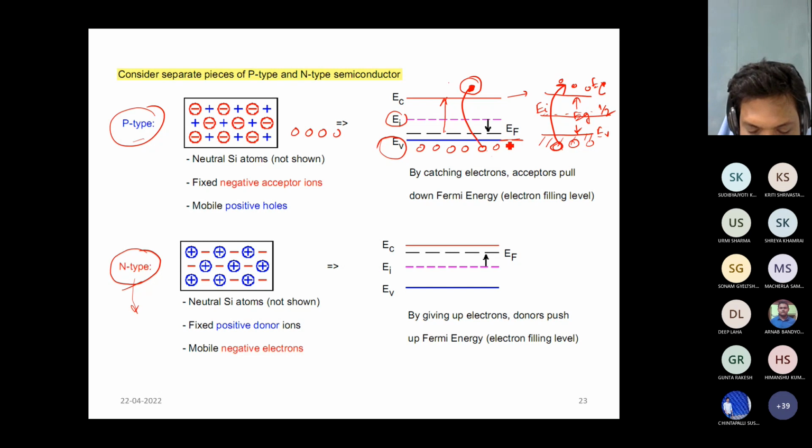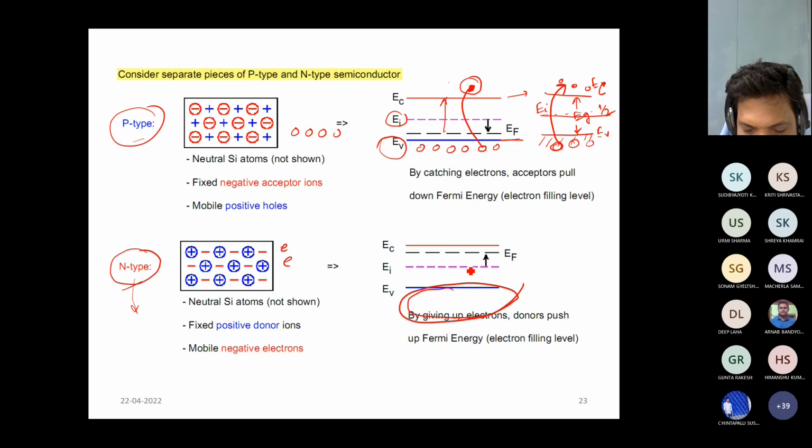Similarly, if you consider an n-type semiconductor, what would happen? It is creating additional electrons, so it provides more electrons compared to the number of holes jumping from the valence band to the conduction band, because the valence band is already completely filled.